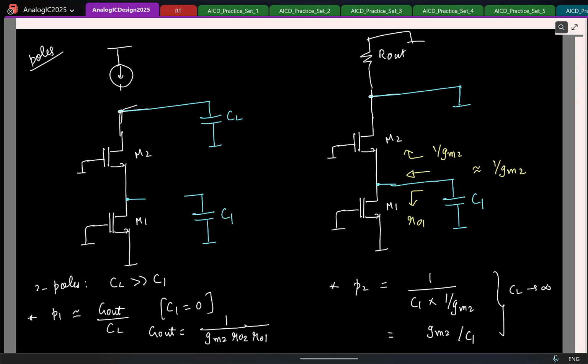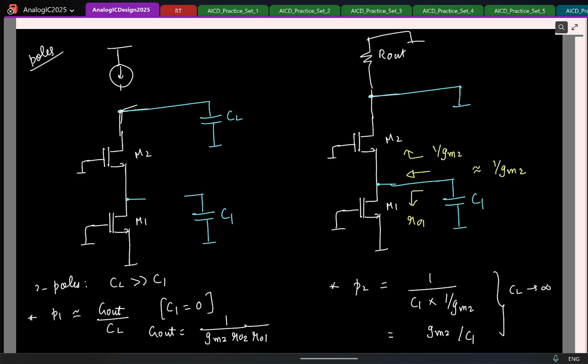So these are the poles, but again remember we have made an assumption that this is the low frequency pole, this is the high frequency pole. Let's confirm that. I know CL is very large, and the output conductance, will it be a large number or a small number here? It will be a small number because the output resistance of the cascode is large. So this is going to be small, this is going to be large. So P1 is going to be a small number, and here I have C1.